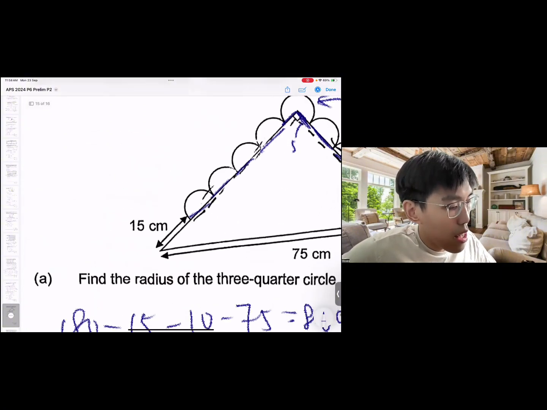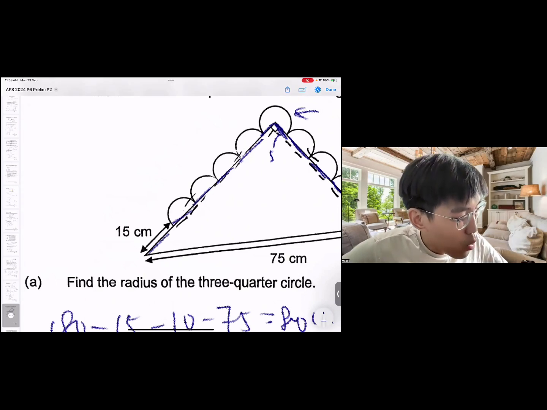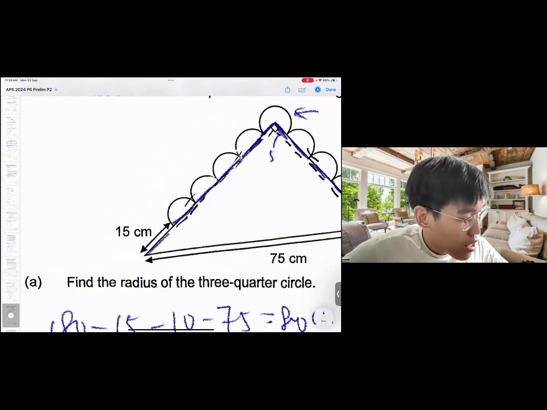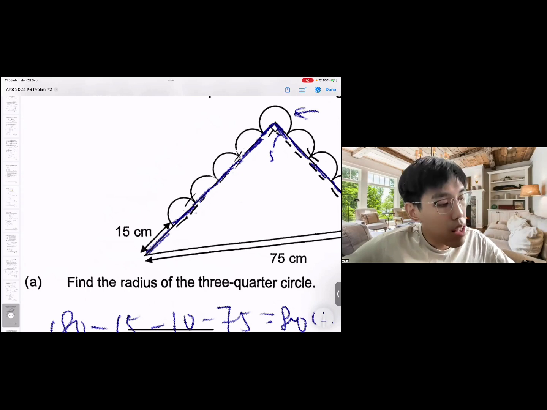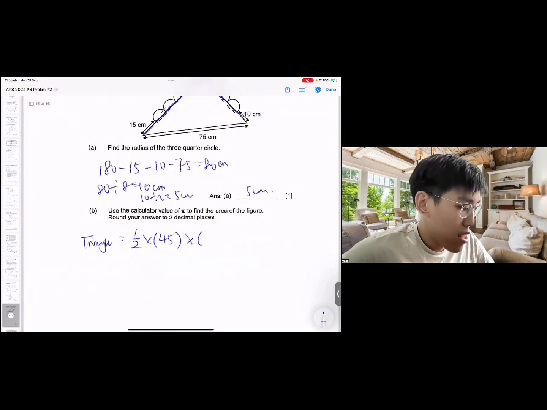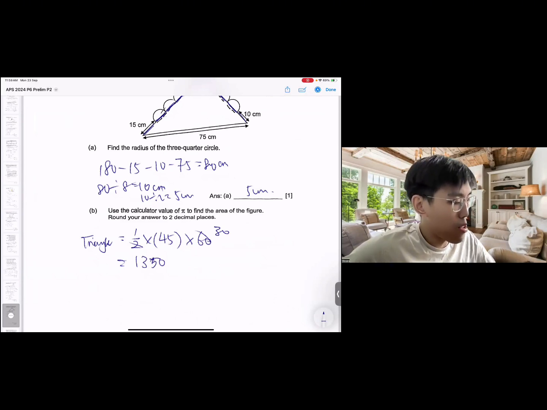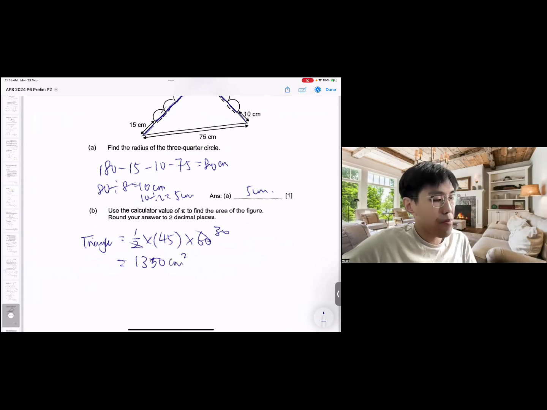Once again for the length as well: 15, 25, 35, 45, 55, 60. So the length is 60. So this one cancels, and this should be 1350 cm squared.